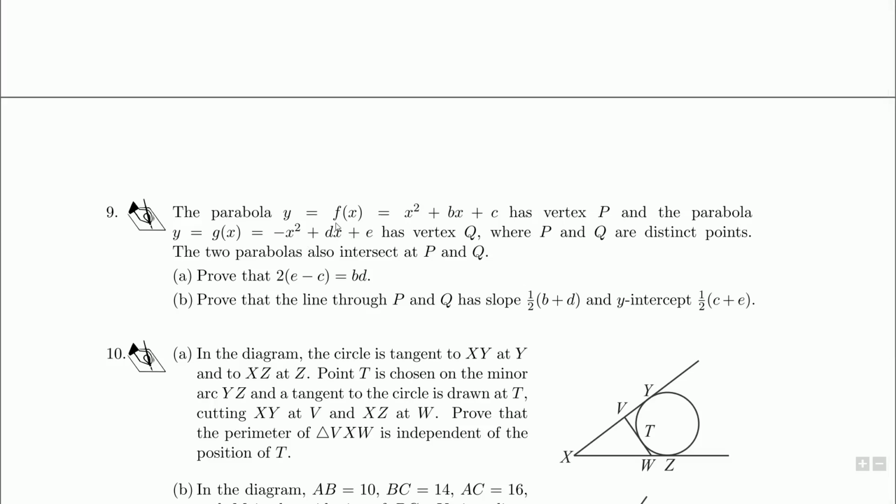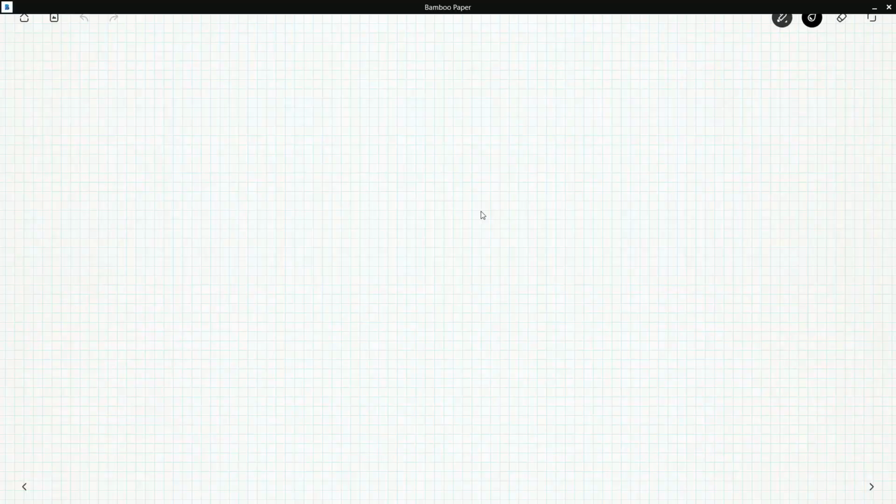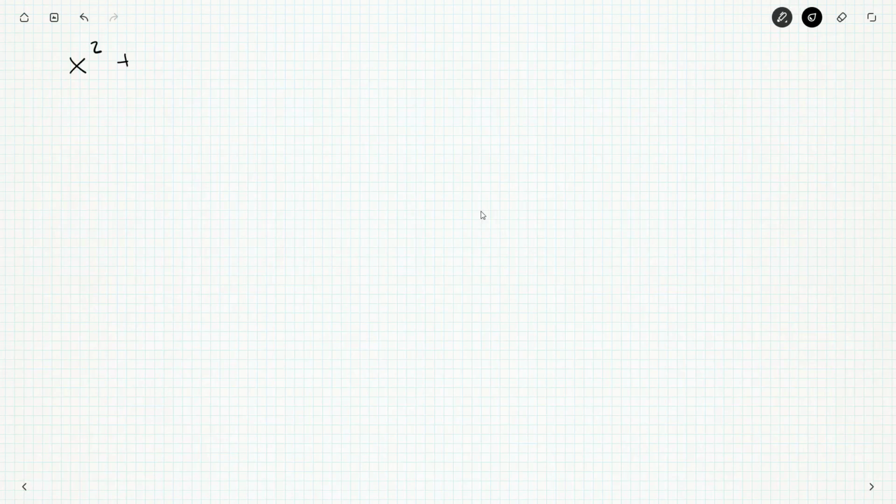Now, I know we don't have the actual coefficients b's and c's here, but we could still get the vertices, their coordinates, from putting these in vertex form, even if we have to keep all these coefficients unknown. And they will stay unknown for the whole thing, because we're proving a general result.